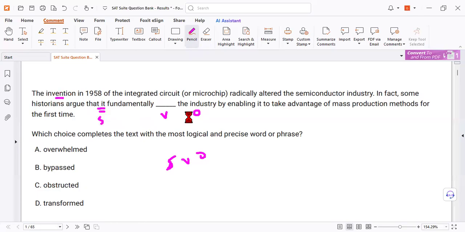So the invention did what to the industry by enabling it to take advantage? Transformed. Trans is to change form something. So this invention changed the form of the industry, makes it better, enabling advantage, mass production. So that's why letter D is correct.